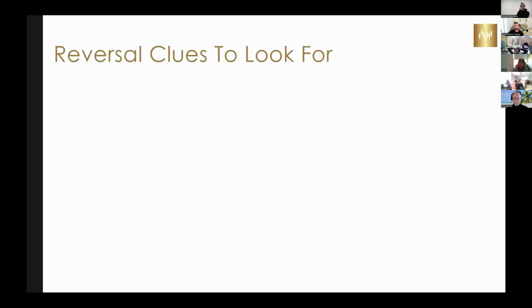All right, reversal clues to look for. Exhaustion candles, we know that: pin bars, dojis, small bodies with long wicks. Look for all of these when you're looking at price slowing down.